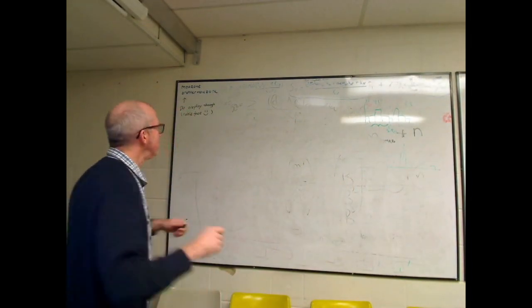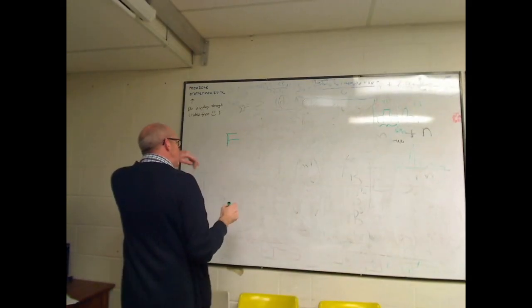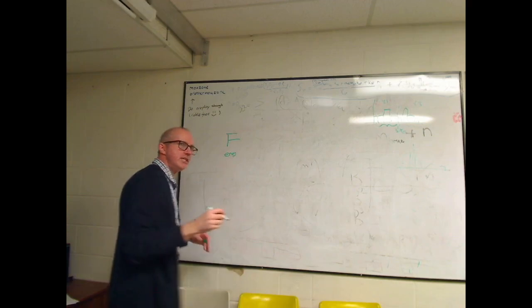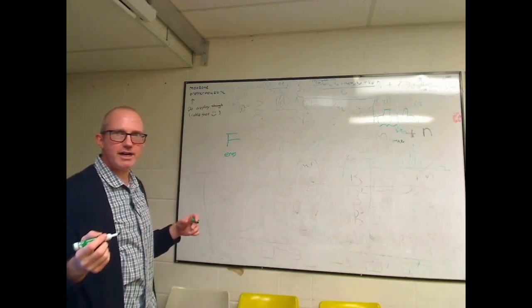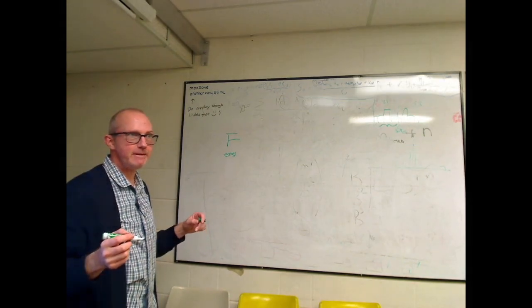Okay, so actually, let's talk about units for a second. So F is a flux, and this is in, let's say, ergs. An erg is an energy. I use CGS for everything because I'm an astronomer.